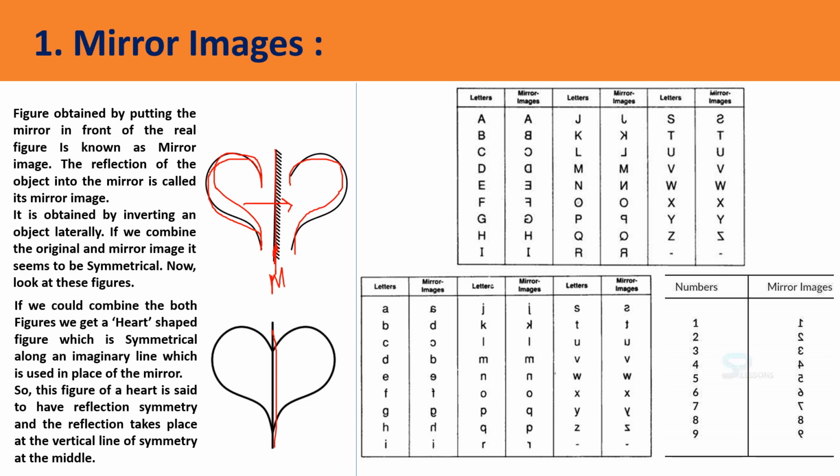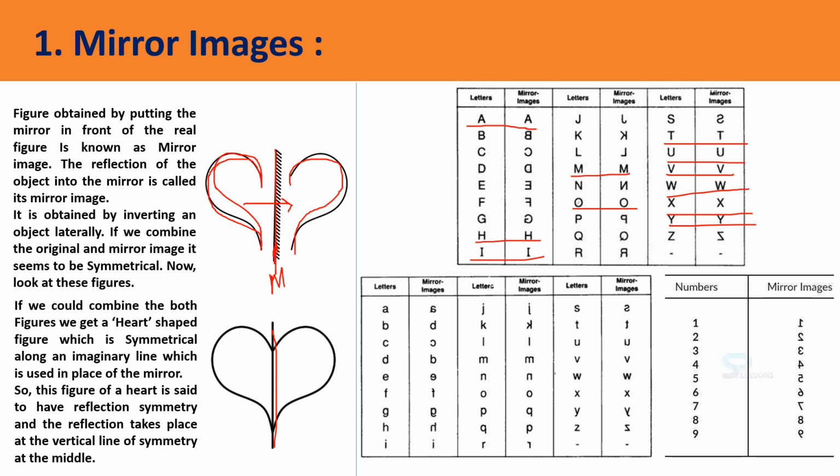When you are remembering all the capital letters, you have to keep in mind that some of the letters are the same as their mirror image, like your A, then H and I, then M, O, T, U, V, W, X, Y. Okay, these are all the same as their mirror image.